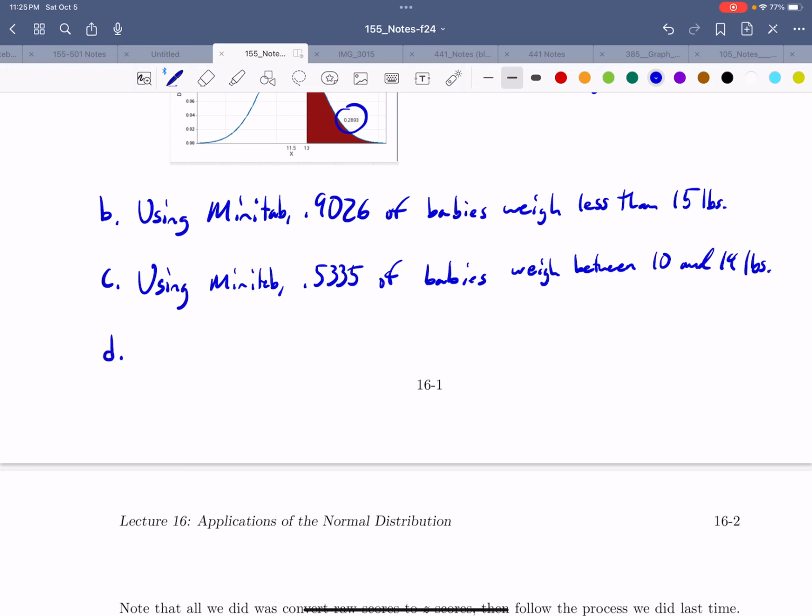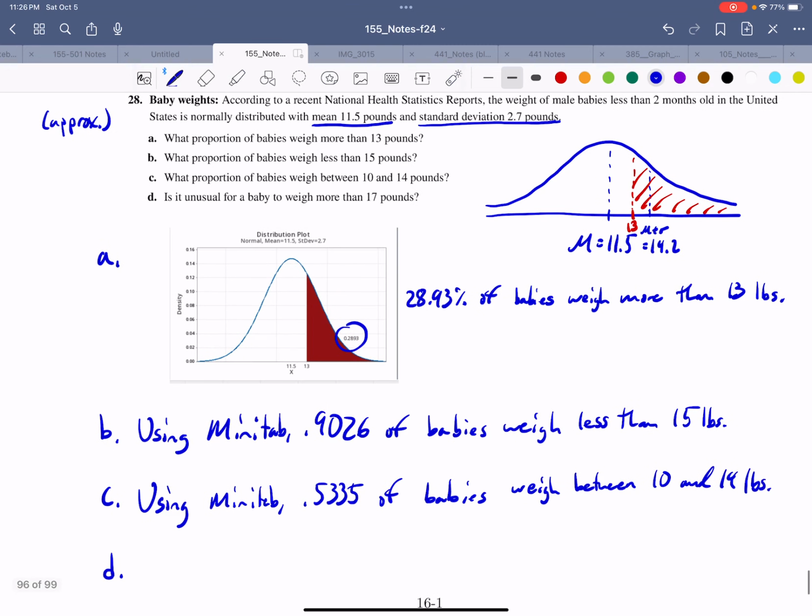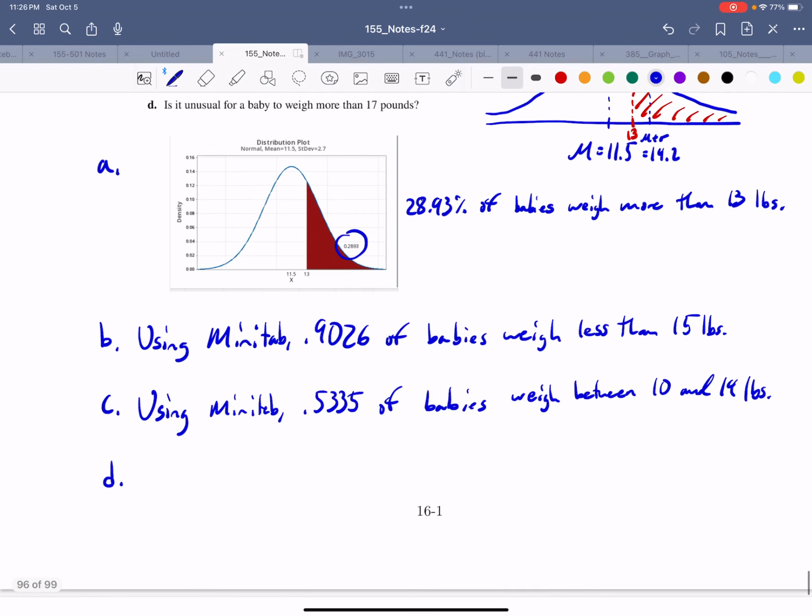Now for part D, let me just write out what we're doing. Let me use the chart just so you understand what's going on. Is it unusual for a baby to weigh more than 17 pounds? And the answer is going to be yes. Let's see why. Now we could just use Minitab, do the same thing we did for part A, but plug in 17. But instead, I'm going to find the z-score for x equals 17 pounds.